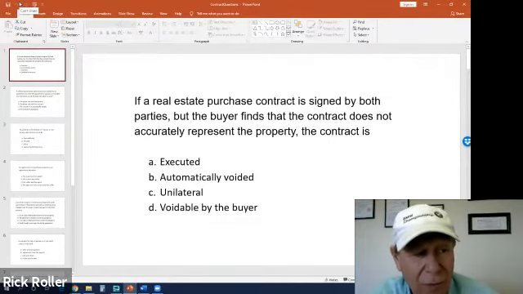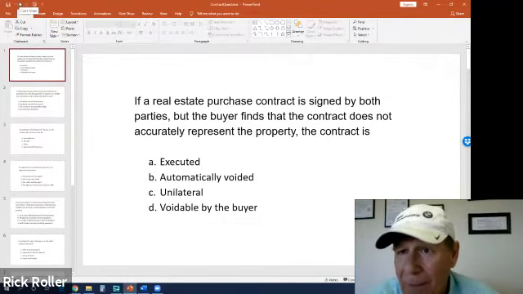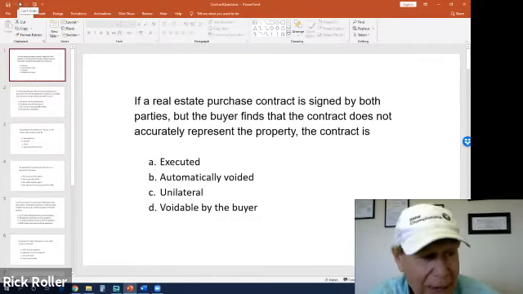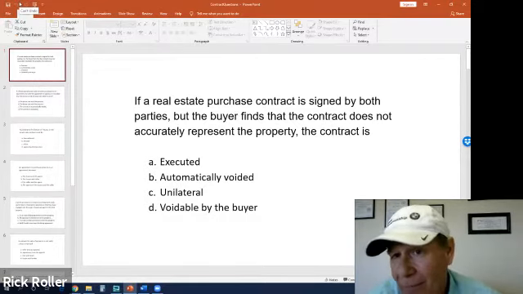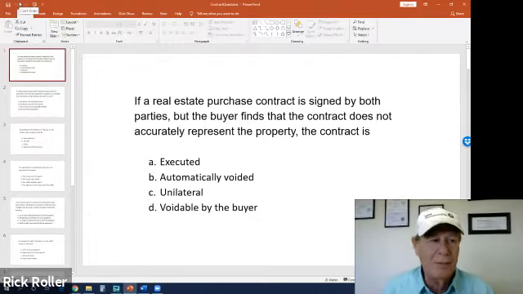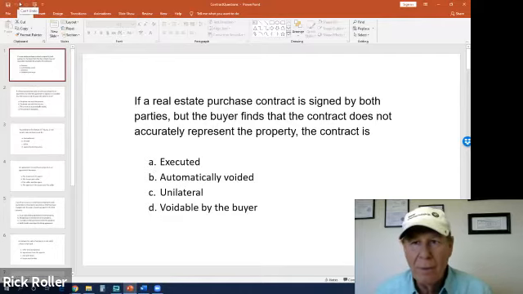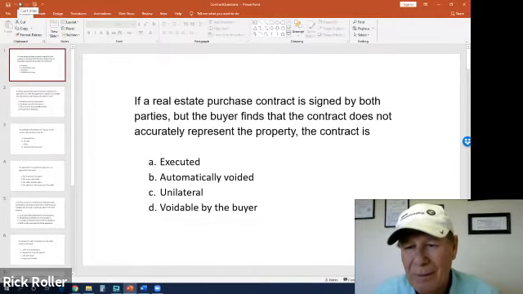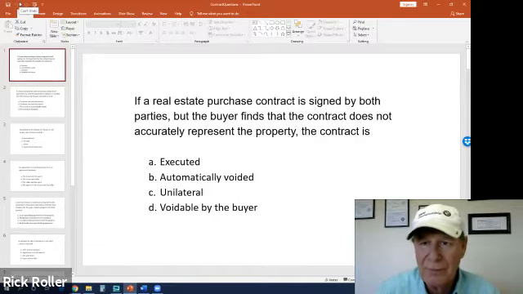So that leaves us with only one, voidable by the buyer. And that's the correct answer, by the way, D is correct. What happens if you have a contract that was entered into, and in this case there wasn't really mutual agreement? The seller was promising to sell something, but it was misrepresented, either intentionally or not intentionally.